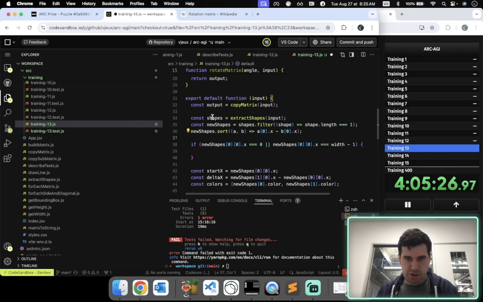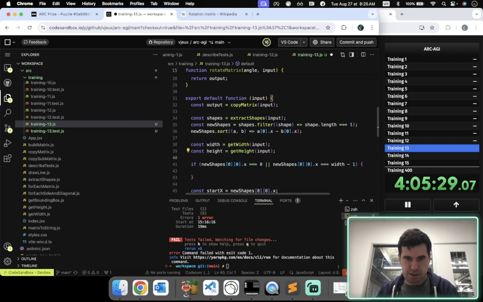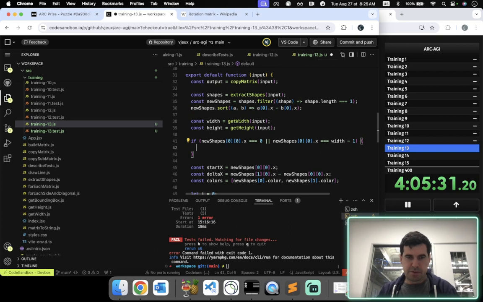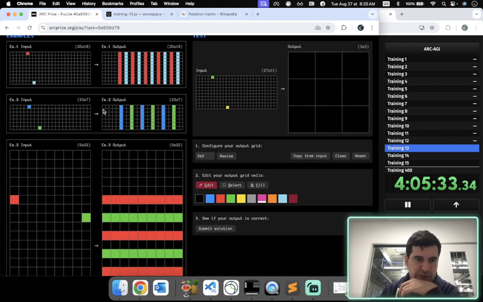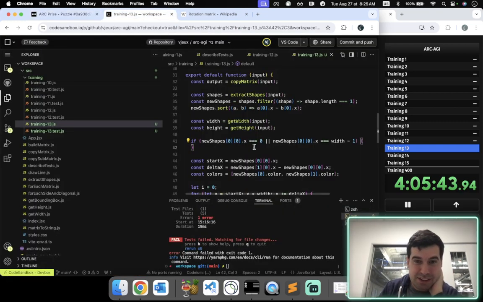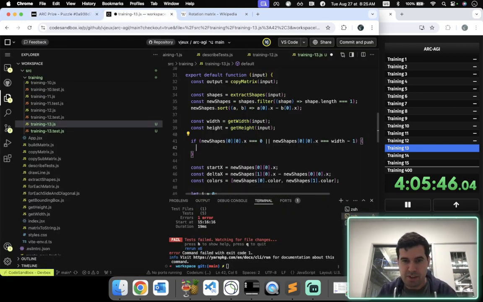Okay, so actually, yeah, I need to do this here. So if we are horizontal like this, so we want to rotate this one here, so we want to do minus 90 degrees.